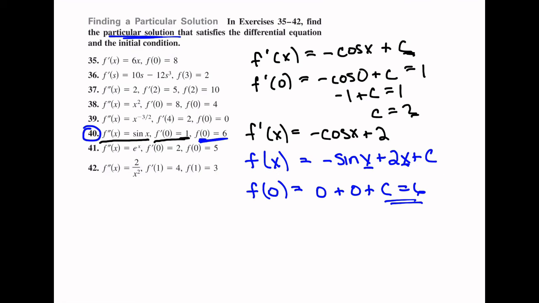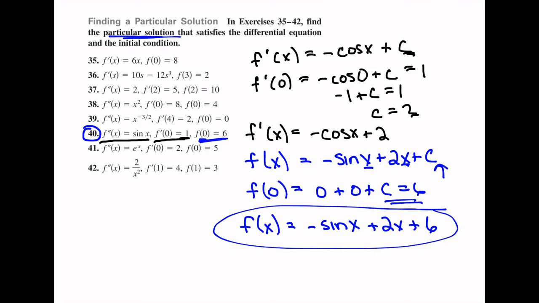And then plug it back in for c to give your final answer. Negative sine x plus 2x plus 6. Okay, and if you want to try 42 on your own, go ahead and pause and try it.